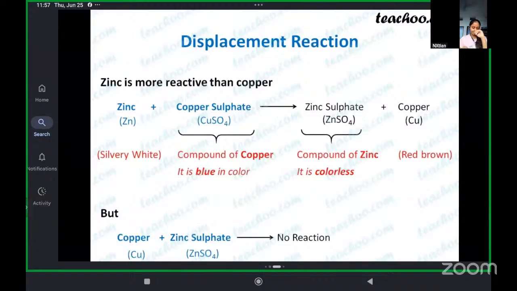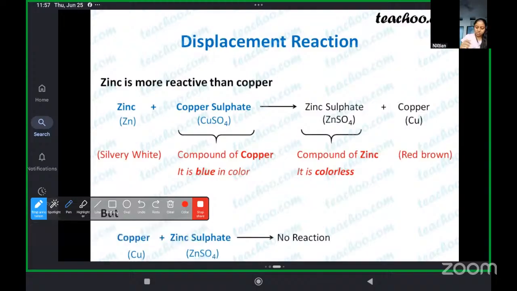Okay, we have two substances, zinc and copper sulfate. Zinc is my first substance. Copper sulfate is my second substance. The reaction between zinc and copper sulfate is happening. So copper will get displaced, and zinc and sulfate come together.